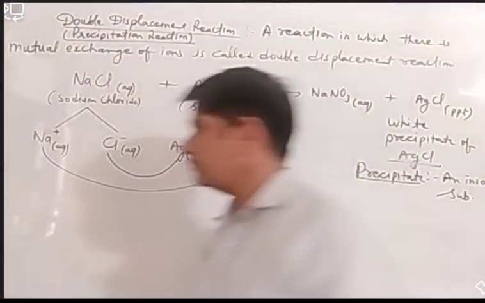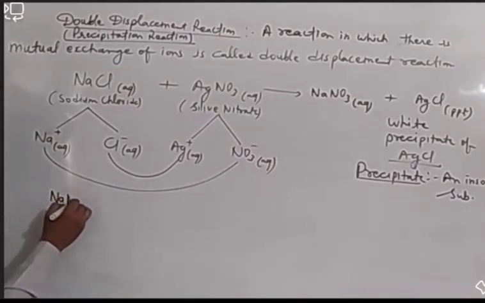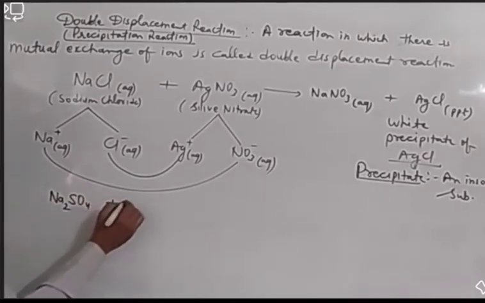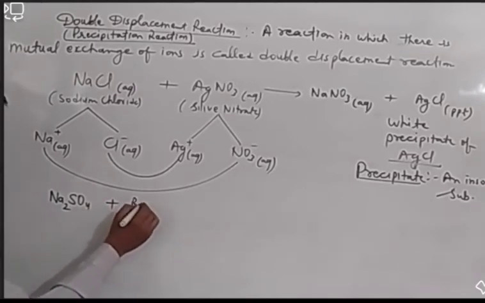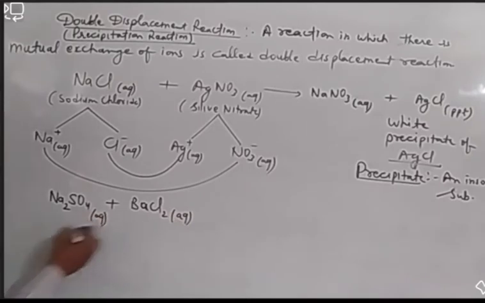So that's why it is an example of a precipitation reaction. Now, let's have one more example. Suppose we have sodium sulfate, Na2SO4, and it reacts with BaCl2, barium chloride, both aqueous.